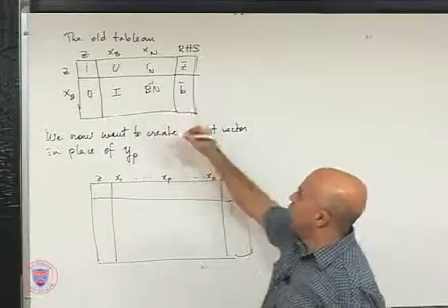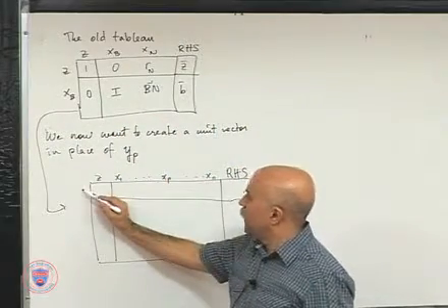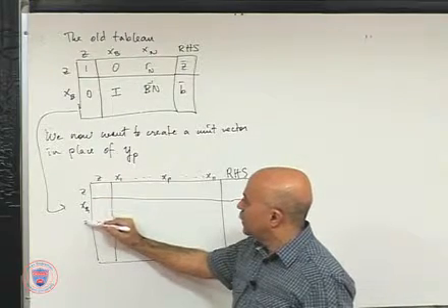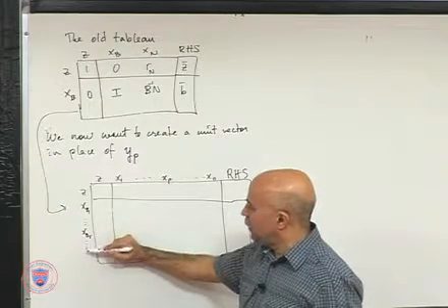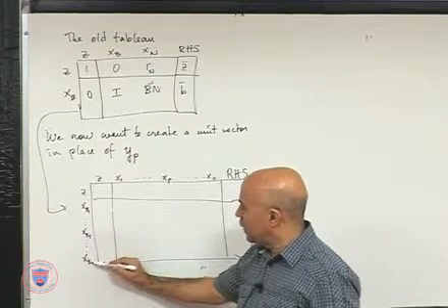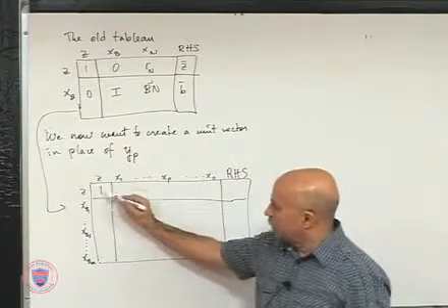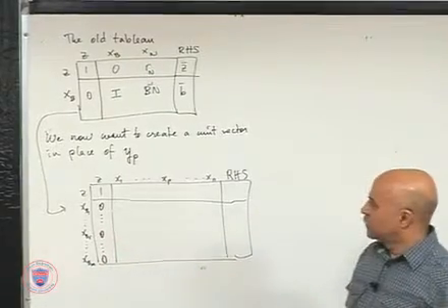I'm rewriting the old Tableau in the new way. You've got Z here, XP1, XP sub R, which is the leaving variable, and then you've got XP sub M. Okay? These are the variables listed. You've got 1, 0, 0, 0.